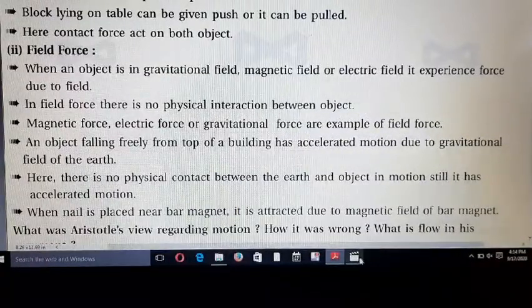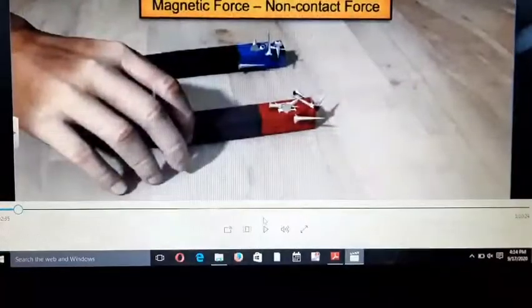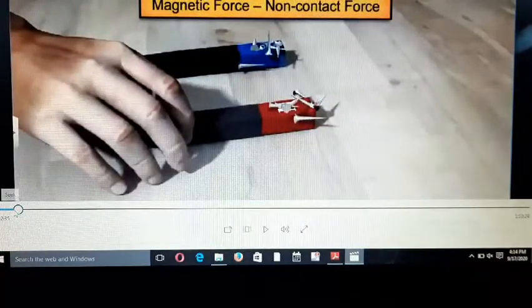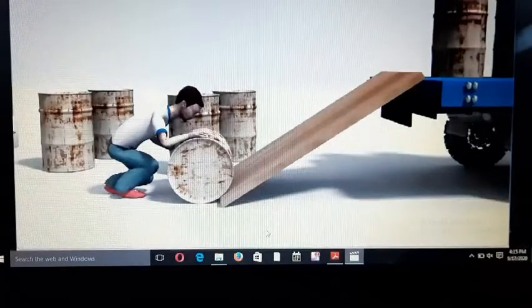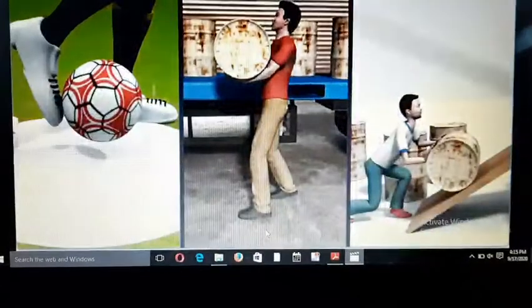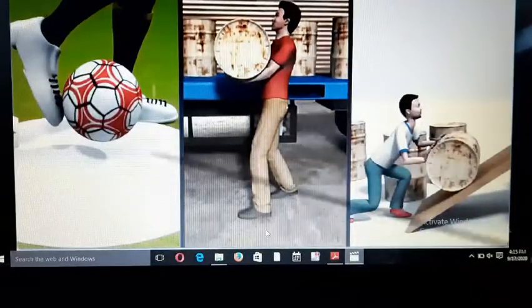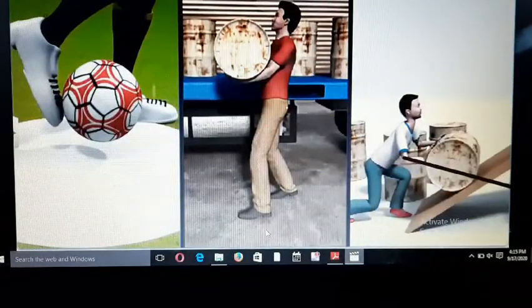Look here, one child throws a ball, otherwise drops a ball. This type of force, look here. These are contact forces. Examples are contact force.